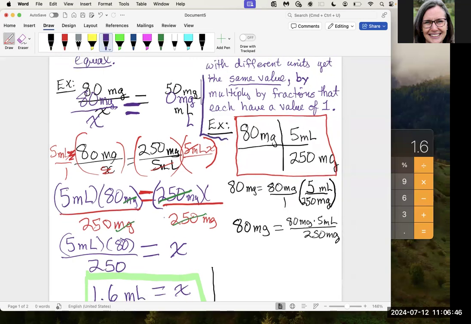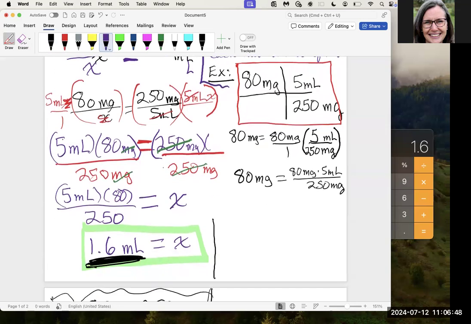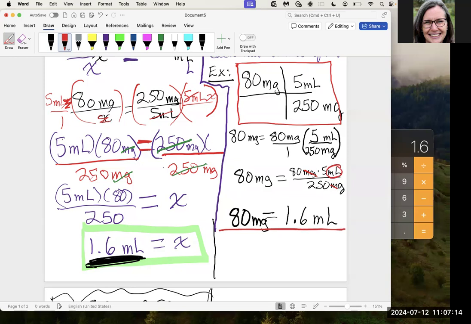Yes, the proportions take a lot more room than the dimensional analysis. Continuing my work. The units cancel. 80 times 5 divided by 250. We already figured out 80 milligrams is the same thing as 1.6 milliliters. Notice the milliliters was the last man standing, last woman, last person.